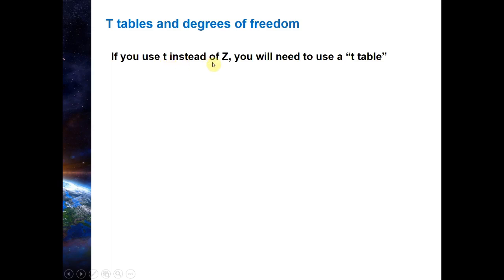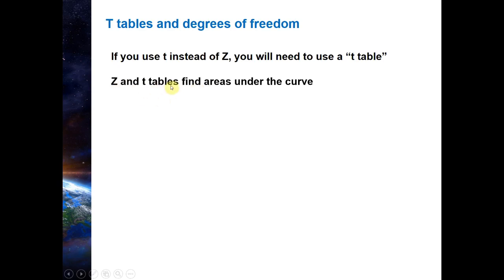All right, so what are degrees of freedom? Z and t-tables, well, first of all, they both find areas under the curve. Sorry, we're not talking about degrees of freedom yet. That was a misspeak. There are a few more things I need to tell you before we actually look at degrees of freedom.